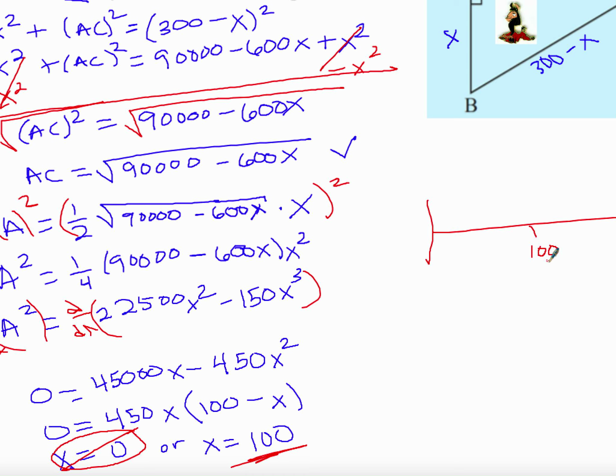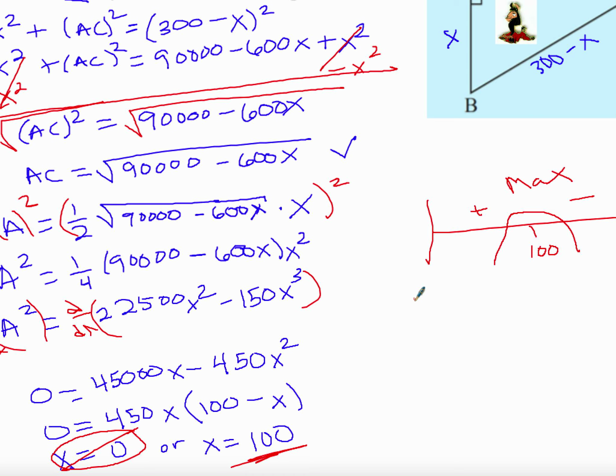But if I tested a value, I think I tested like 25 by substituting it into the first derivative equation, I got a positive result. And then when I substitute in like 125, I got a negative result. This is going to give me a maximum.